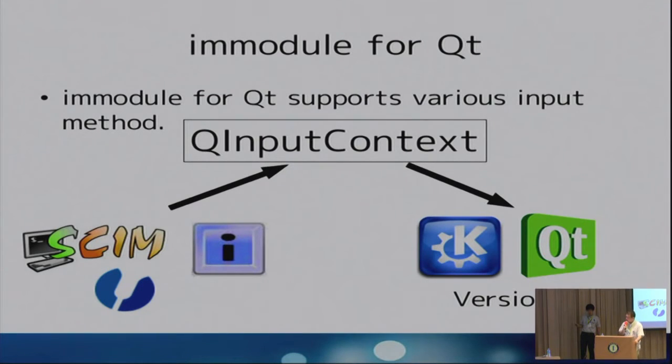We introduce QInputContext as a module to process input method events from various input methods. So we can use SCIM, IBUS, or UIM to input Japanese, Chinese, or Korean.